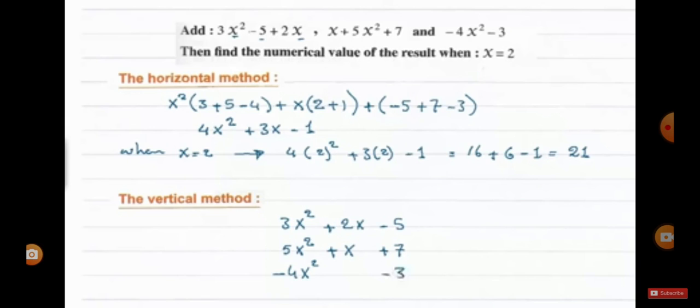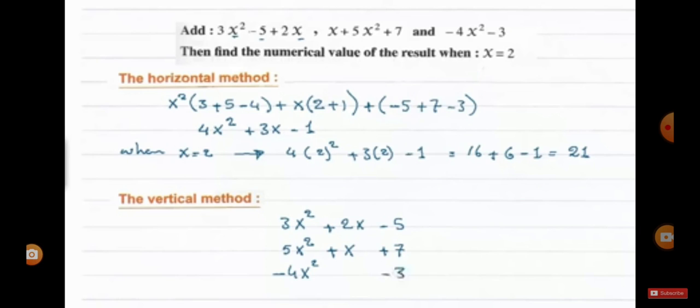Then I get the coefficient for x power 2: 3 plus 5 minus 4 equals 4, then 4x power 2 plus 2 plus 1 x, then I get 3x, plus negative 5 plus 7 minus 3 equals negative 1. Then the result is 4x power 2 plus 3x minus 1.